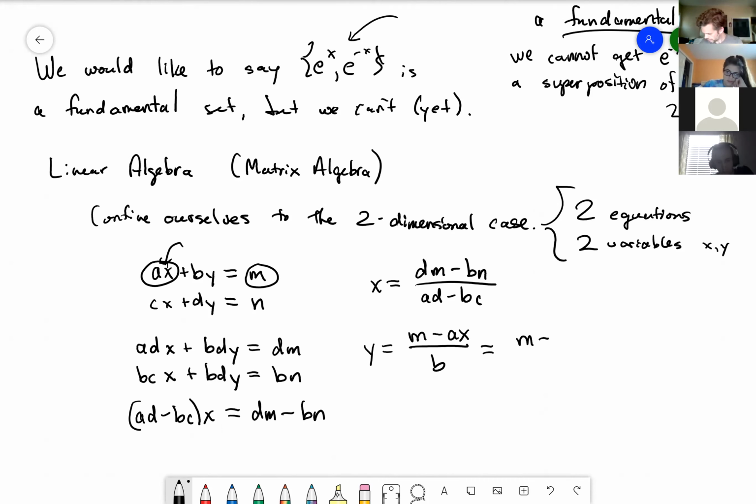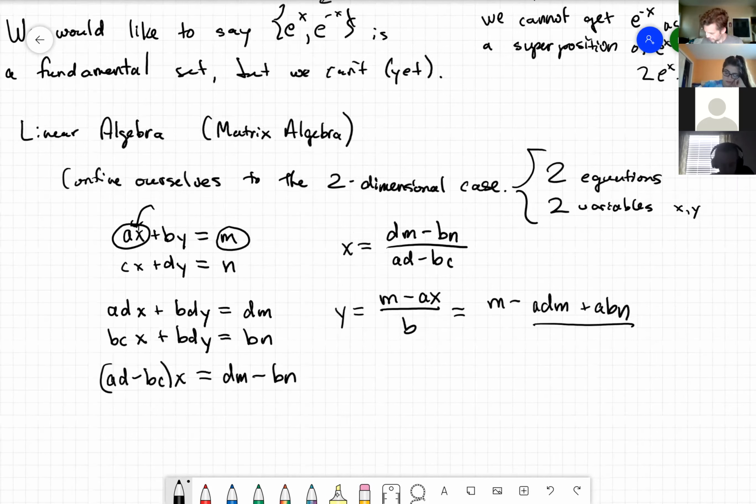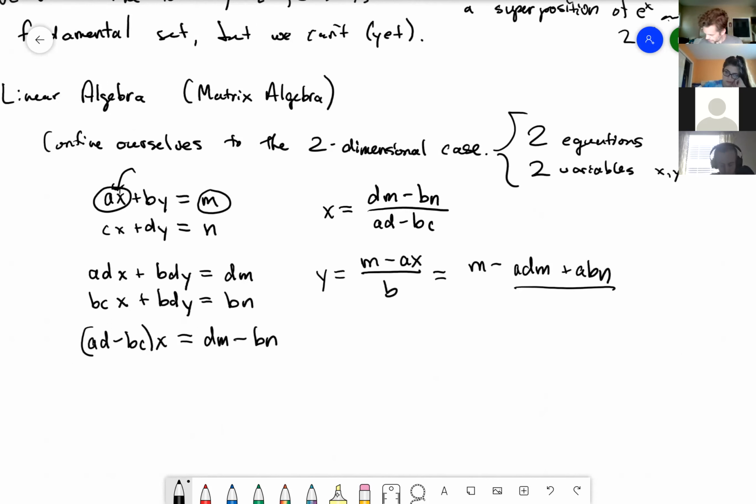So that's a(dm) plus abn, remembering not to mix up minus and plus, and that's all over ad minus bc. Let me make this line up a little better. And then all over b.